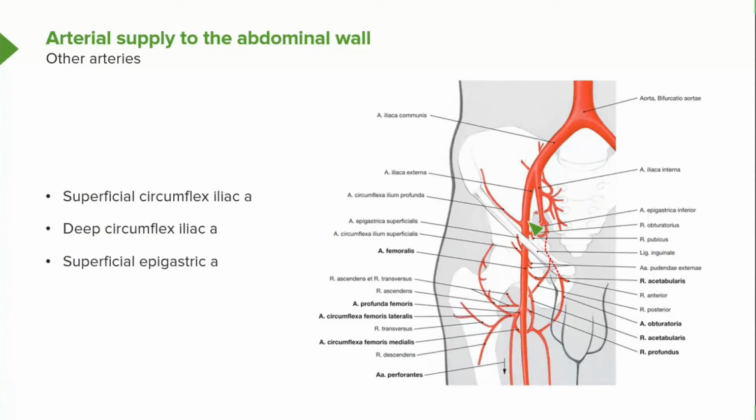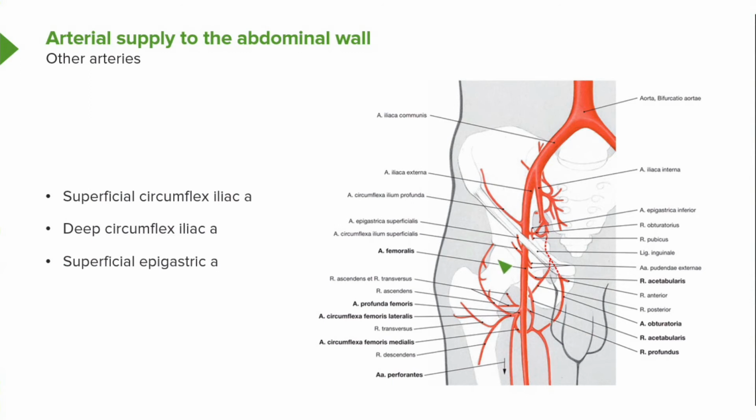Here we have our external iliac, and then on the deep aspect here, running along the ilium, is the deep circumflex iliac artery. The external iliac then will pass deep to the inguinal ligament, which we see here, and it'll enter the femoral triangle.